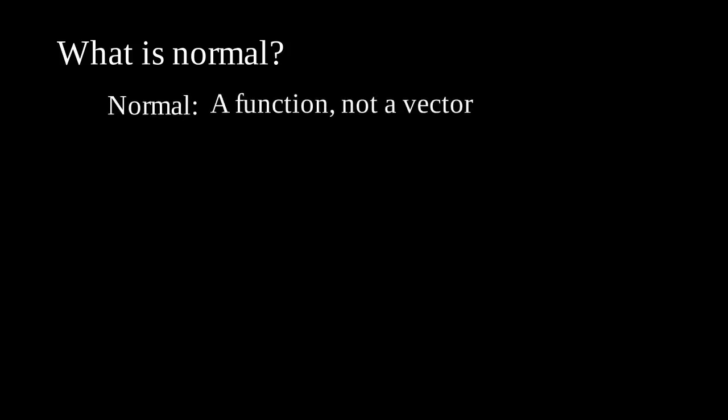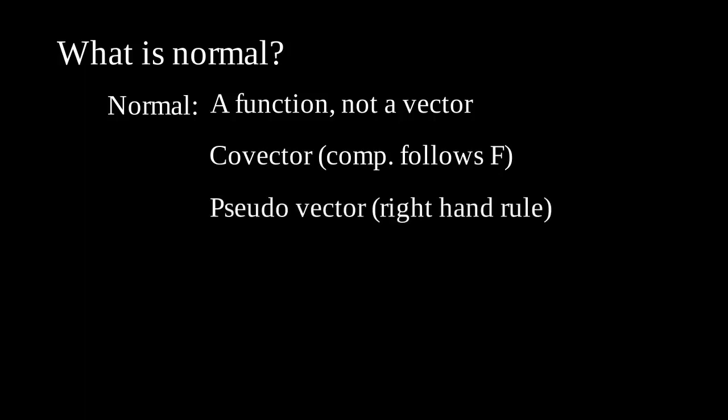You understand a bit more about normals. Actually, the question of this video could be, what is a normal? A normal is a function, not a vector. It is not a column vector. Mathematicians call this a covector. Components of a covector follow the forward matrix F. A normal is also called a pseudovector, since it follows the right-hand rule. Our vector is the pencil model, thus it is physical.